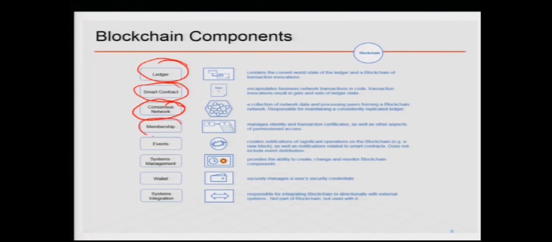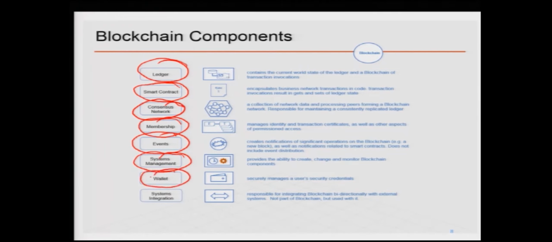Membership service is basically certification or identification for each of the participants, that has to be there. Events: blockchain transactions may create certain events, and those events might also be used for triggering other transactions. So there is a notion of events. And then system management, because there is a network operator who can create, change, and monitor various blockchain components.